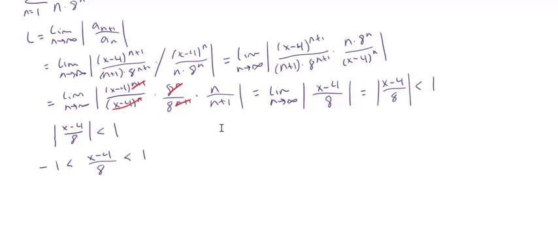What's the first step? Multiply by 8. That gives me negative 8 less than x minus 4 less than a positive 8. Now, same thing as regular algebra, I'm just going to add the 4 to all three pieces. I get negative 4 less than x less than 12. So my next step is to check my endpoints.